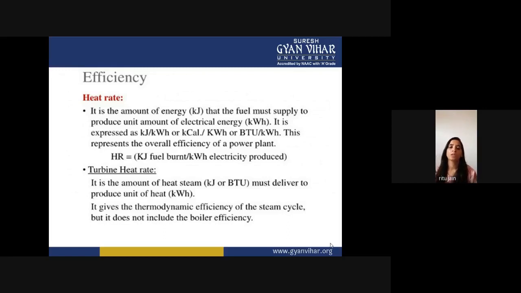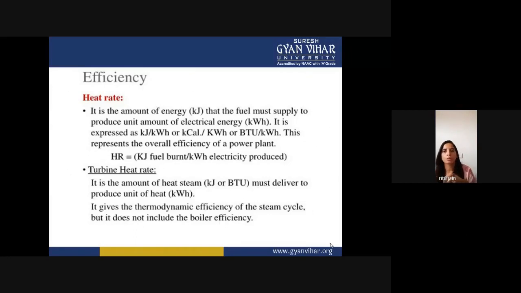That is your heat rate. Okay, hope you can understand. Suppose the amount of energy is in kilojoule, and from that amount of energy you are getting 1 kilowatt hour, that is one unit. If you are getting 2 kilowatt hour, it means 2 units.